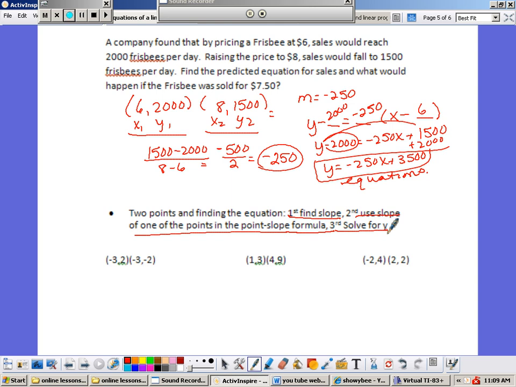So I found the equation, but that was only part of my question. Now I need to know how many Frisbees I would sell if the price was $7.50. So I have to do y equals negative 250 times $7.50 plus 3,500.